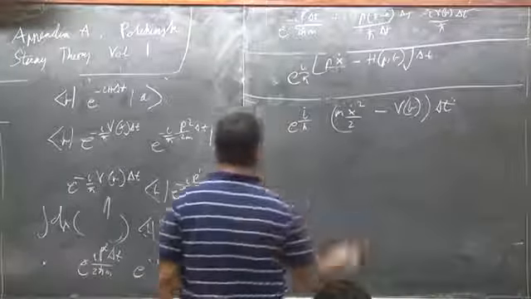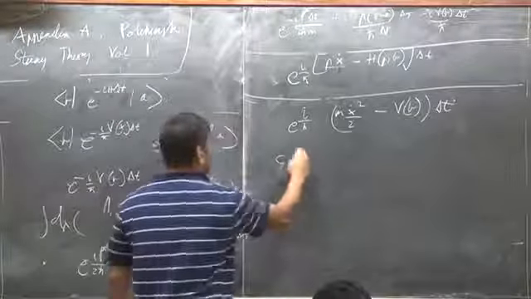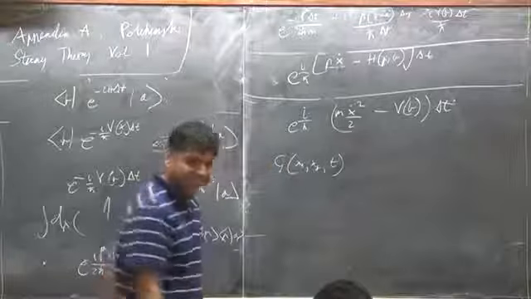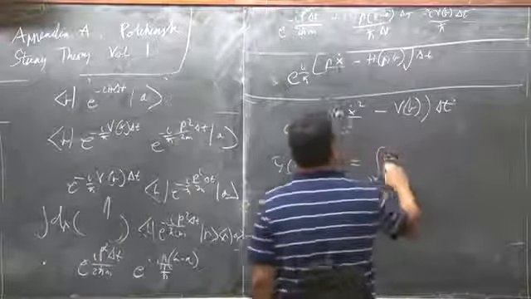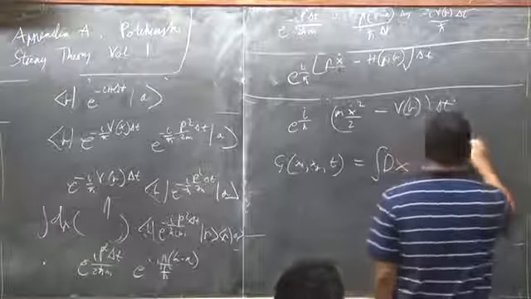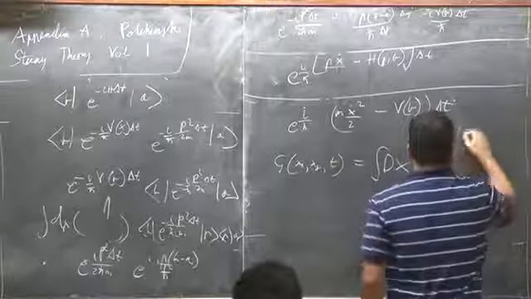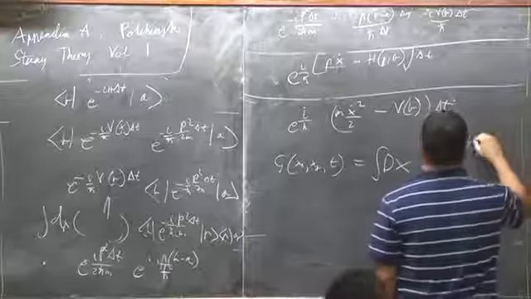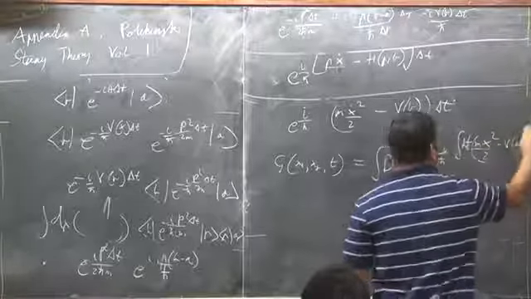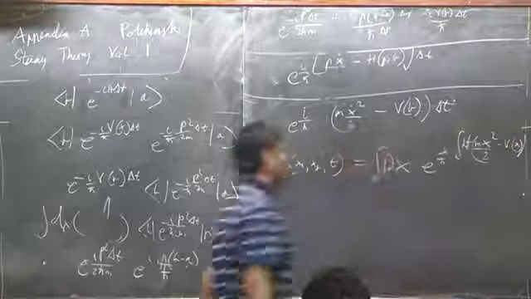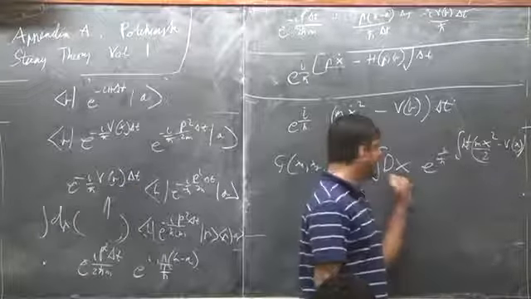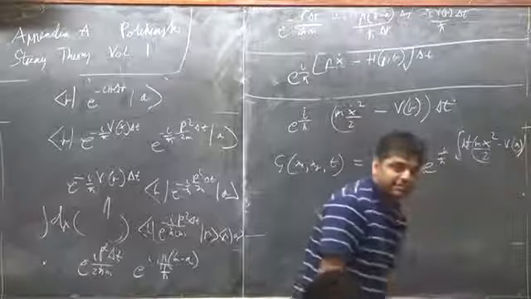So we have derived the formula that g of xi to xf in time t is equal to the path integral e to the power i by h cross s, integral dt of m x dot squared by 2 minus v of x. And in this derivation we also have precise meanings for this dx and this action.